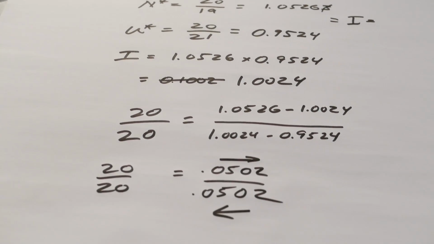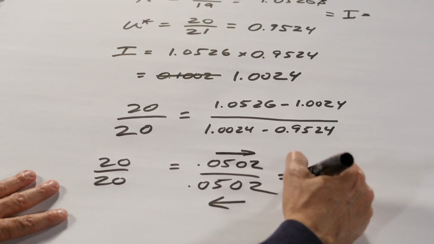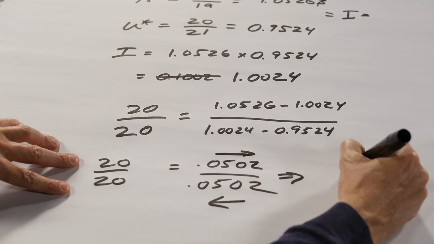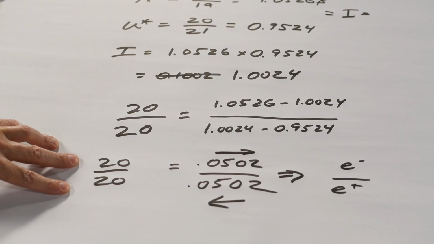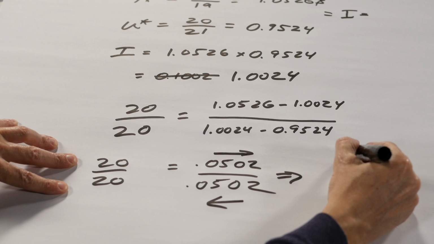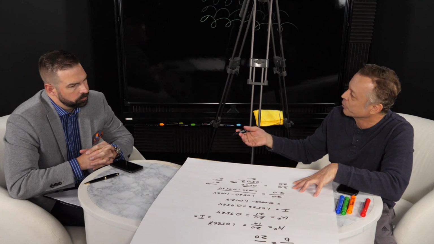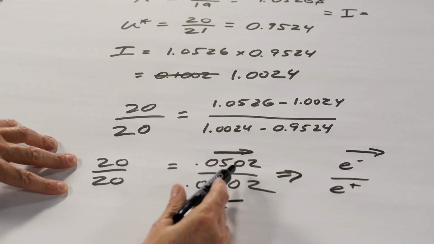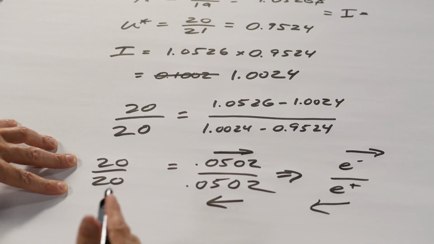So in the case for, the way we could interpret this is, even though an electron and a positron have the same quantum numbers, the electron is further in time or further along some trajectory, 0.0502, and the positron is behind 0.0502.